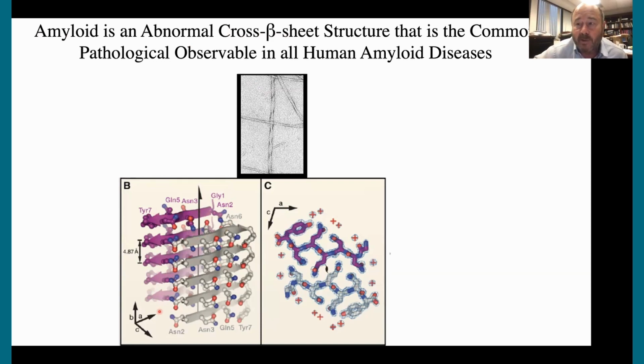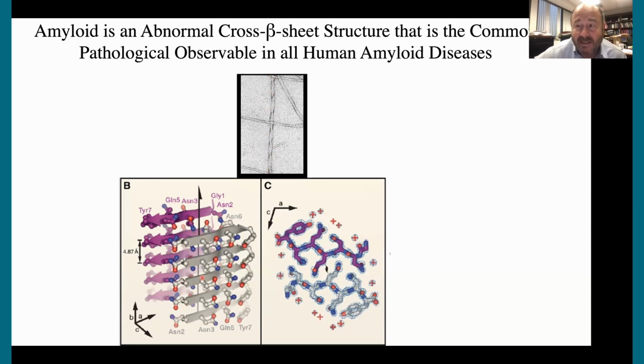So a folded protein is the size of a small town, whereas an amyloid fibril spans the distance from the East Coast to the West Coast. So they're huge structures in comparison to a folded protein, and they adopt this classic structure in an electron micrograph. And now cryo-EM and X-ray structures have given us an atomic picture of what these structures look like.